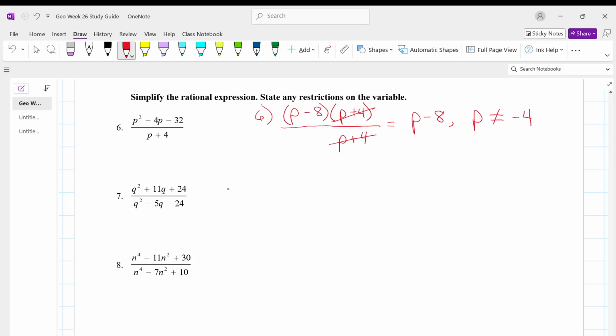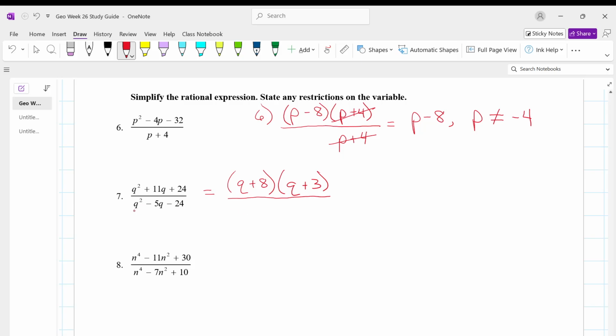Problem number 7, I'm going to rewrite it in factored form. So q squared plus 11q plus 24, I'm going to use 8 and 3. So q plus 8 times q plus 3.